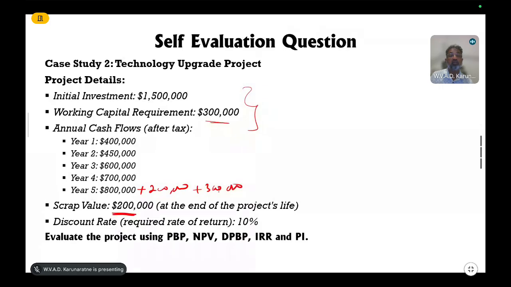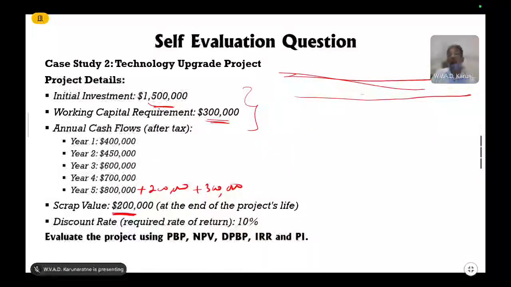Again, this should be the last year cash inflow. Here in this case, initial investment is 1.5 million, then the working capital requirement is 300,000. When you are calculating your cash flows, you should be careful with that.